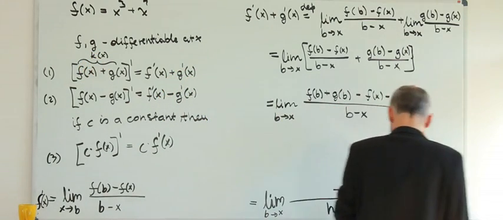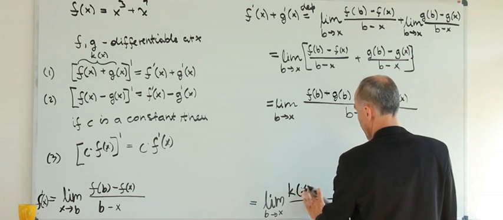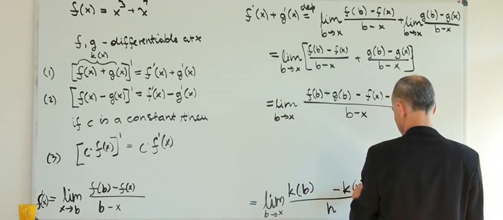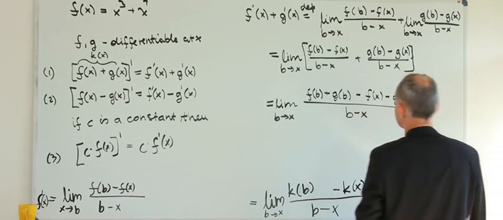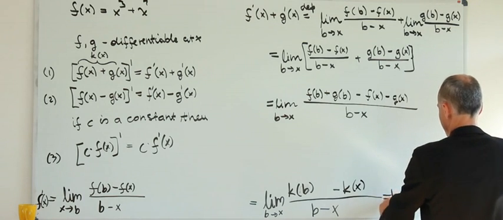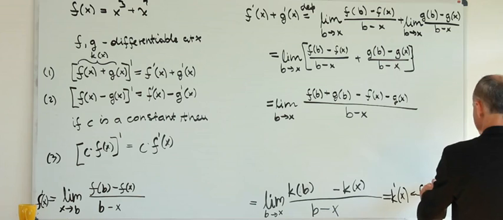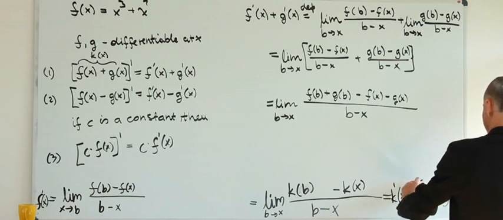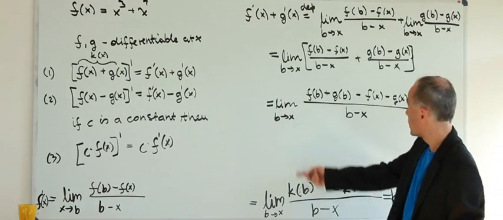So I need to get something like k of b minus k of x divided by b minus x. So that will be k prime of x, which is f of x plus g of x prime. Okay, so we're missing this transition.